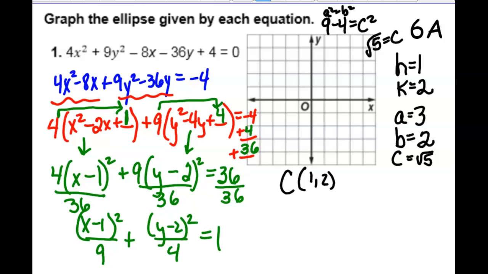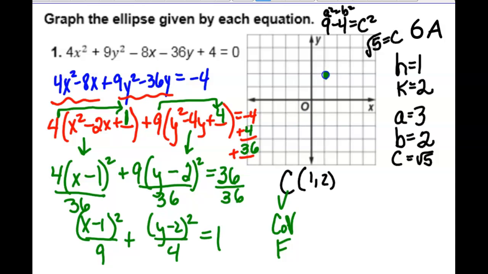So now, if you just want to follow a recipe, you can. Which way is this one longer? Horizontally, so it's the one on the left. Okay. The vertices, co-vertices, and foci we need. I'm going to do it conceptually. It's 1 to the right and up 2.